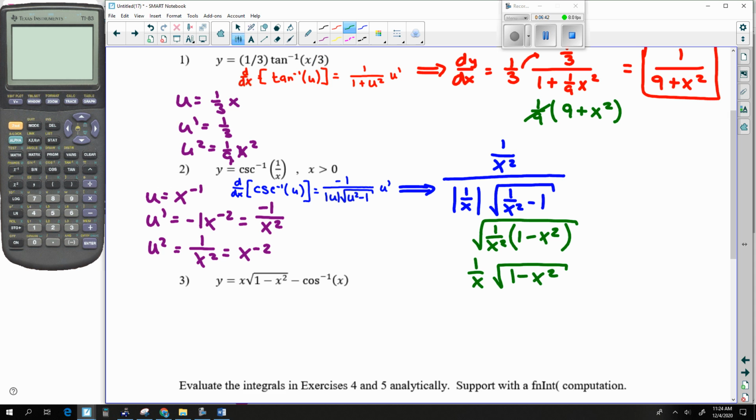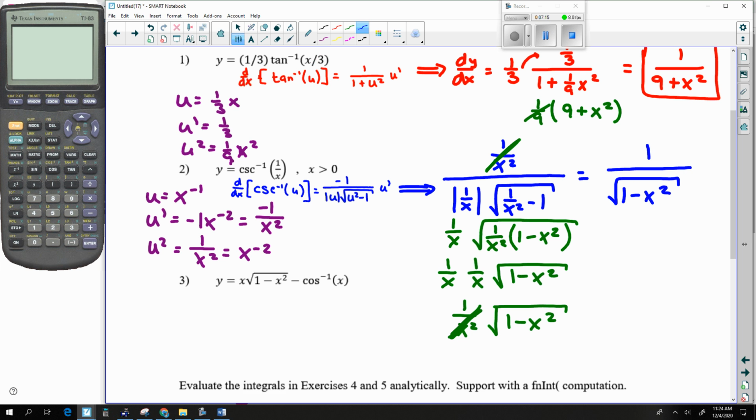That joins forces with the 1 over x that is already out there. And so ultimately, this denominator is 1 over x squared times the square root of 1 minus x squared. Notice how that directly simplifies with the numerator that is currently there. So this ultimately will be 1 over the square root of 1 minus x squared.